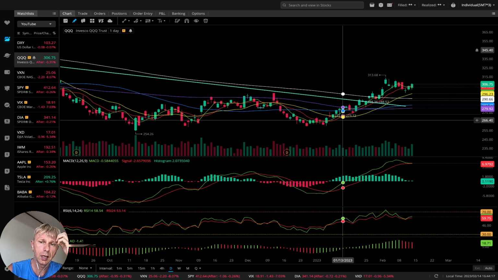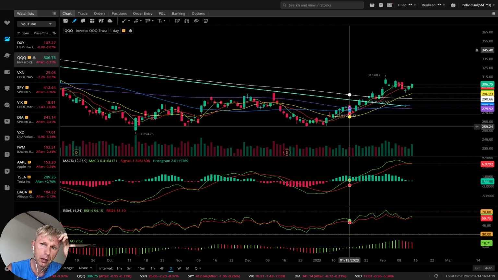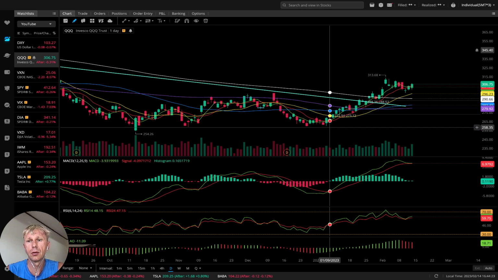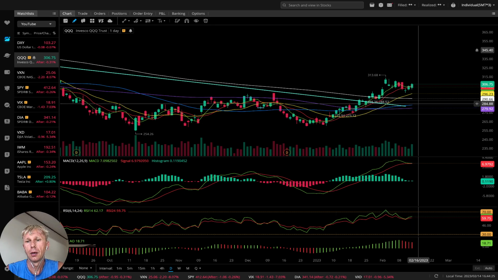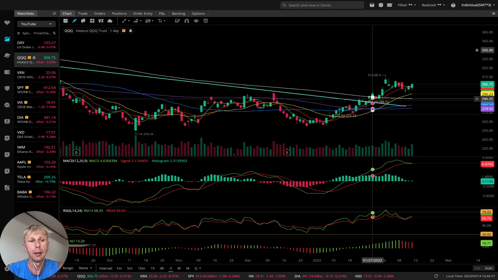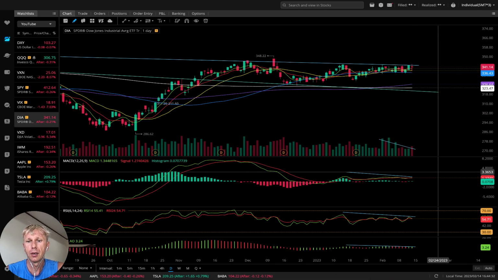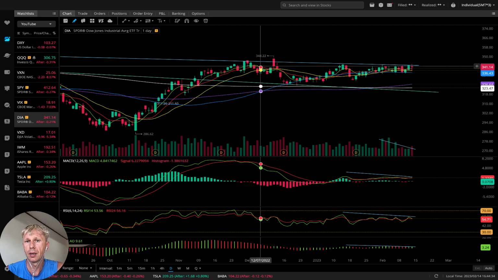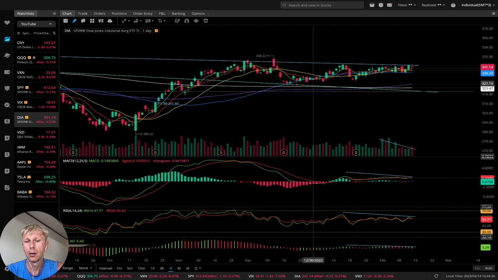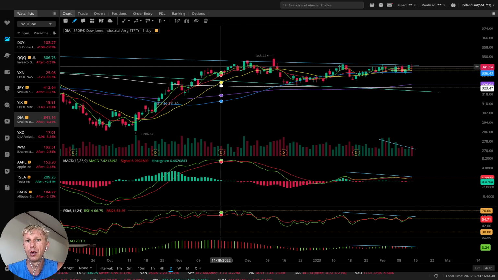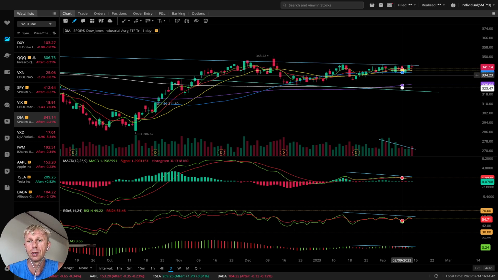Only Dow was kind of weakest. Look at it, you see. Let me show you Dow, the weakest on daily time frame. It was flat since December, even since November.